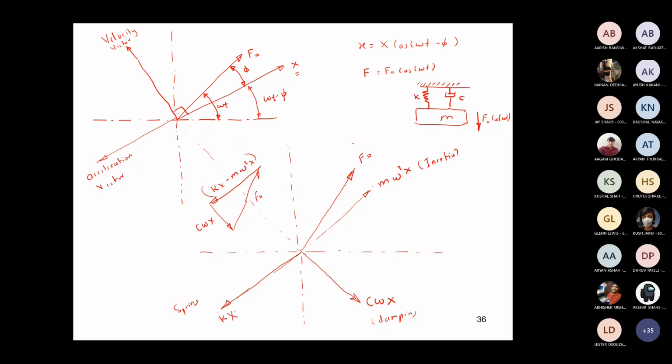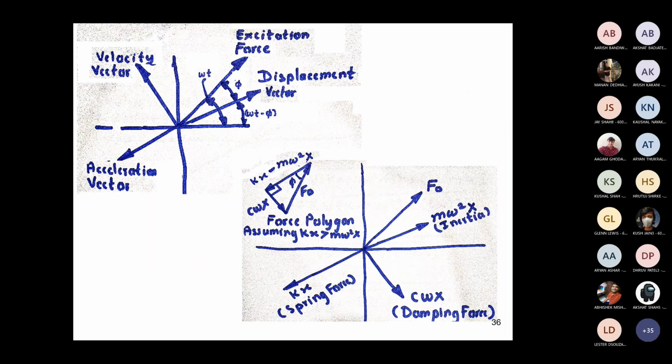Alright. So this is how you plot the vectors. This is what you call the force polygon. Here you assume that kx is greater than m omega square x, that is, the spring force is greater than the inertia force.